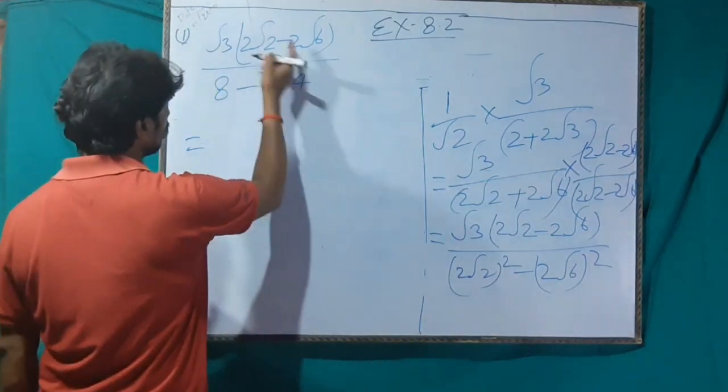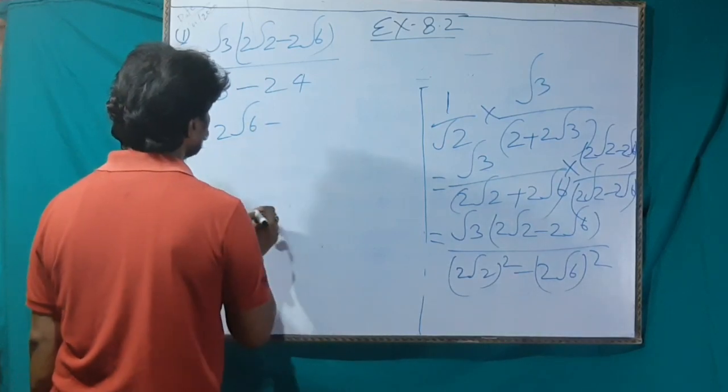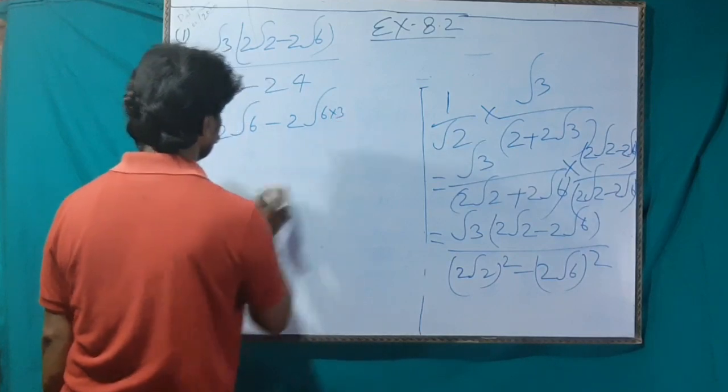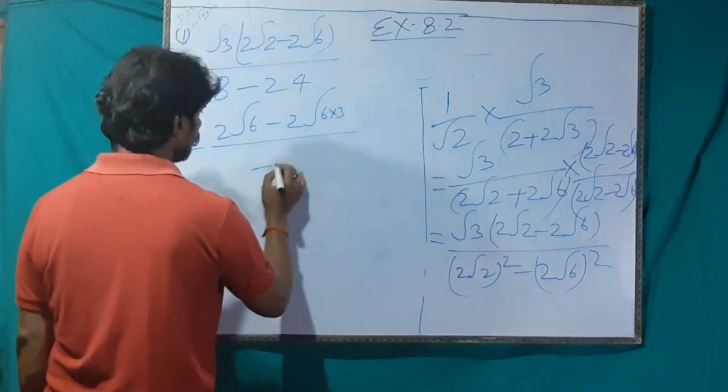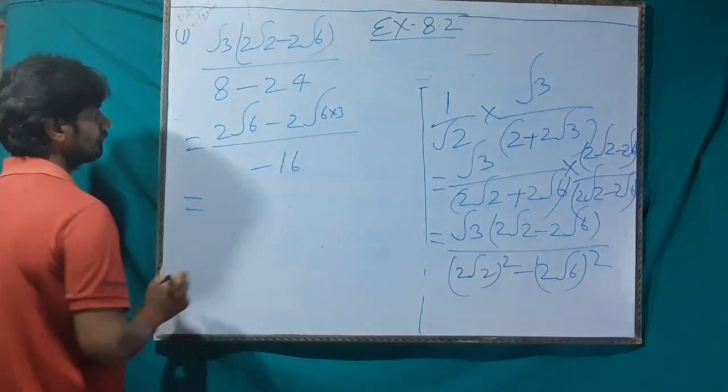Again we will write after multiplication: 2 root 6 minus 2 root 6 into 3, by minus 16.